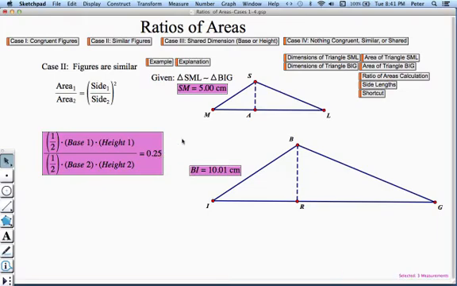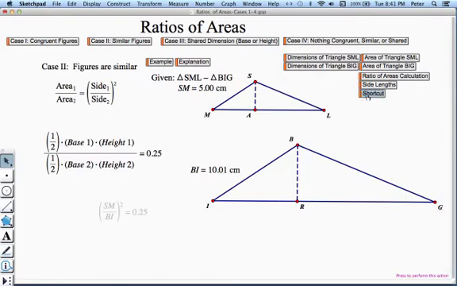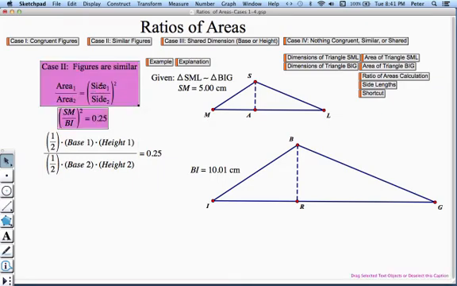Well, the reason is the shortcut. And the shortcut says this, that just like I'm telling you in the formula here, you simply take the ratio of the sides and square it. So 5 divided by 10 is 1 to 2. 1 to 2 squared is 1 to 4, which is, of course, 0.25.